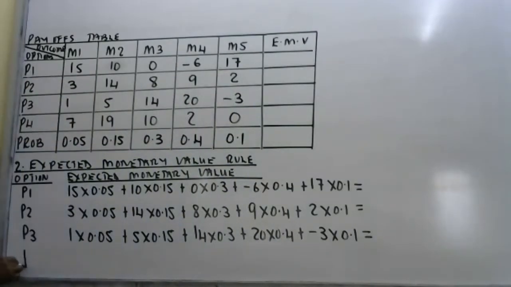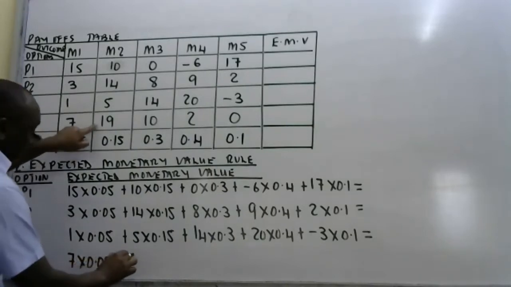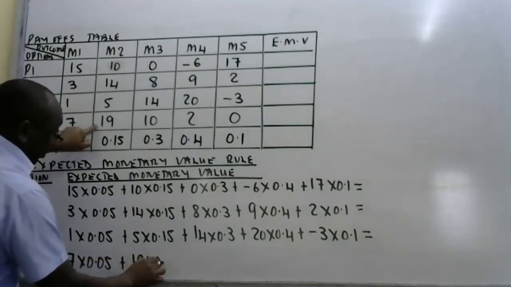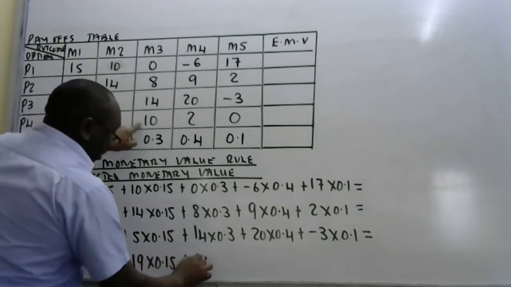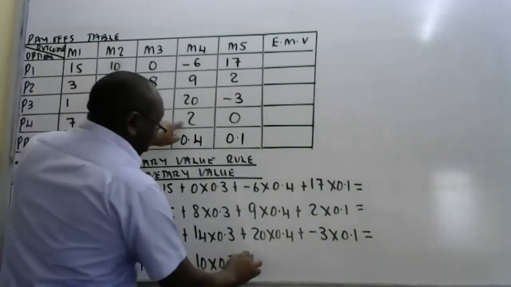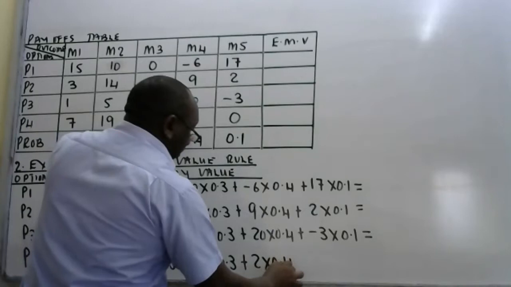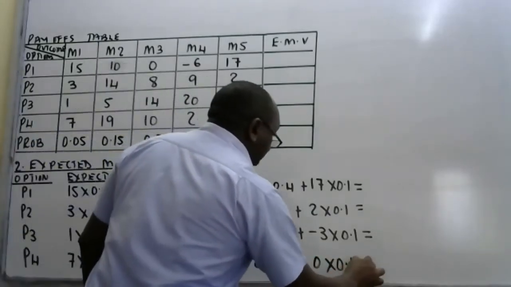And P4, it is 7 multiplied by 0.05, plus 19 multiplied by 0.15, plus 10 multiplied by 0.3, plus 2 multiplied by 0.4, plus 0 multiplied by 0.1.